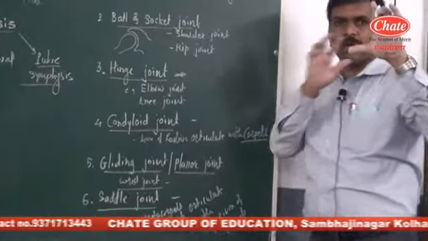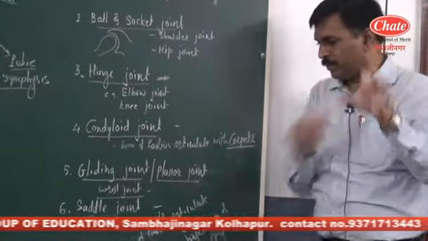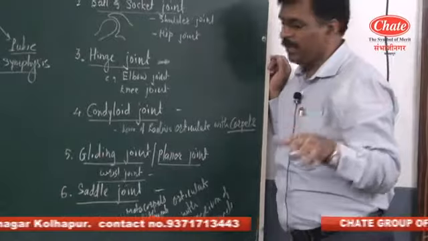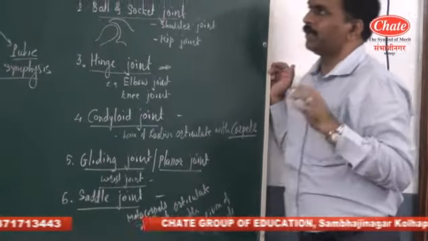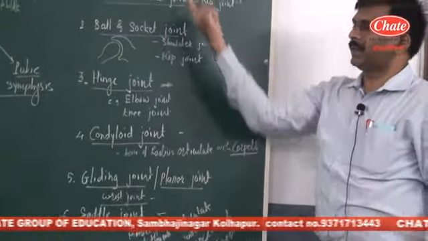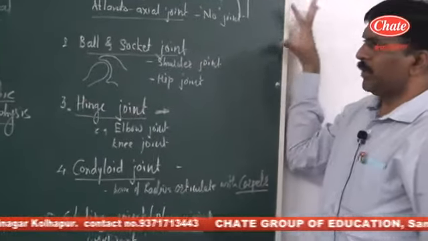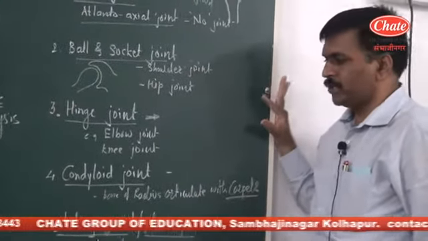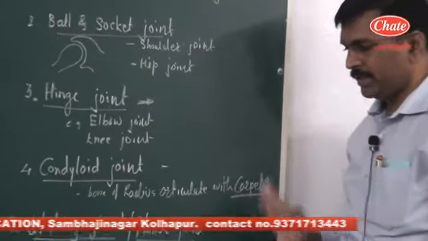Our thumb is opposable, and this opposable thumb is due to this saddle joint. So these are the 6 different types of diarthrosis: pivot joint, ball and socket joint, hinge joint, condyloid joint, gliding joint, saddle joint.